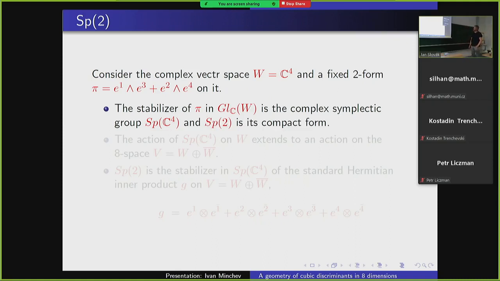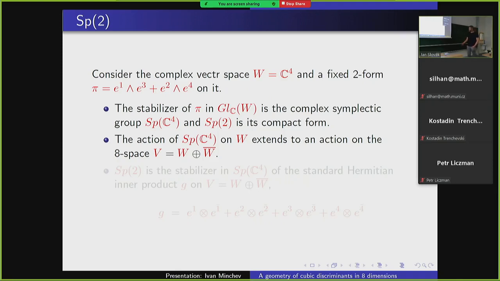And then we have the compact form of this complex group, Sp2. Of course, W will be for me in the whole talk just C4, the representation C4 of Sp2 or the symplectic group. It doesn't matter. And then we have the complex conjugate of this, the conjugate representation W bar.